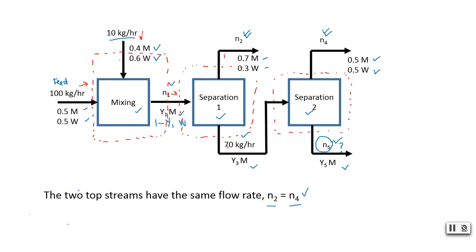At the same time, we also need to perform the overall DOF. What does the overall process DOF mean? Overall means that we widen the boundary of the system so that we consider all three processes as one process.